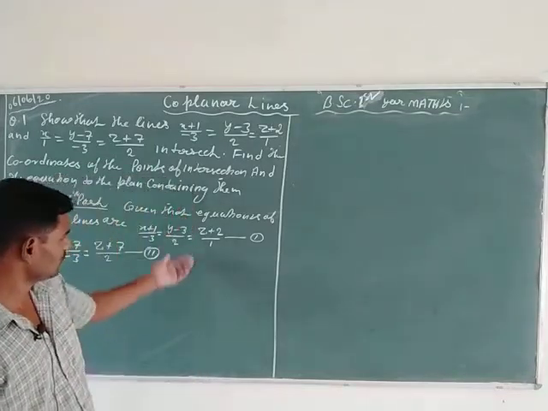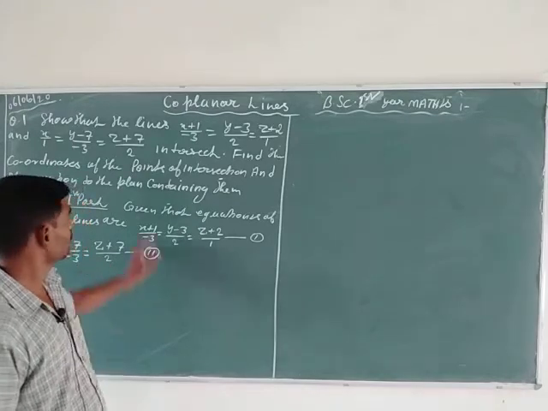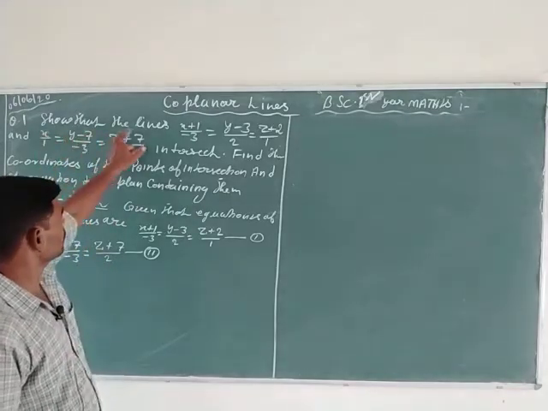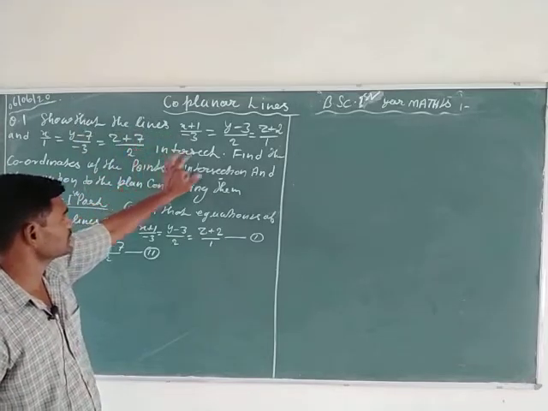These two equations of straight lines in symmetrical form are given in the question. So please write the question: show that line first and second intersect.